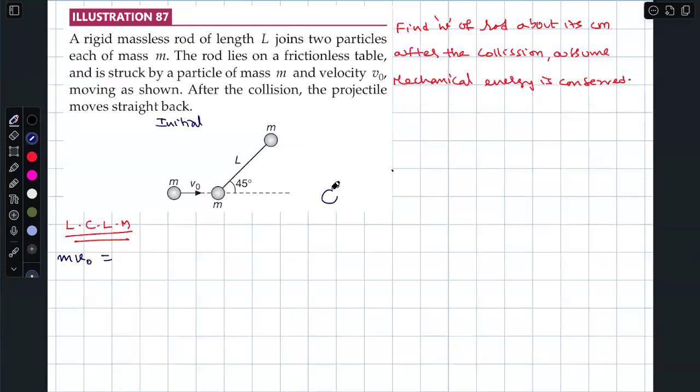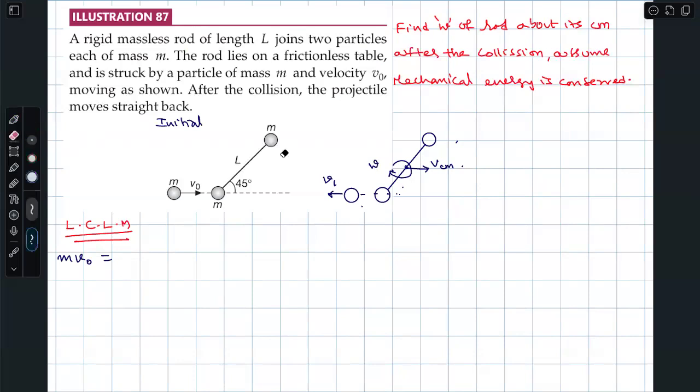So by applying that, you will have m v naught is equal to, see, what I assume is this is initial. Immediately after collision, let us assume this has some v1 velocity and the center of mass assumes a velocity vcm and angular velocity omega.